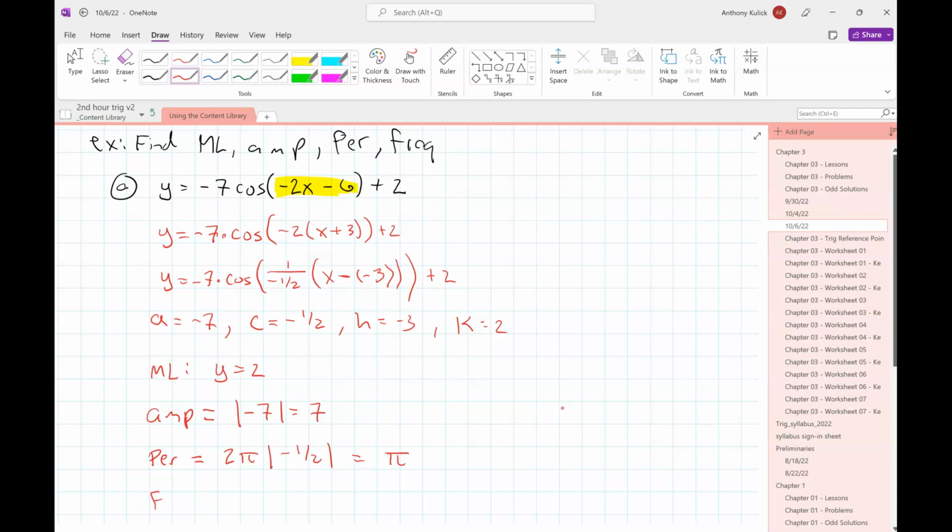And then the frequency is the 1 over the period. So there's that. No big deal doing this. Pretty easy. Agreed.